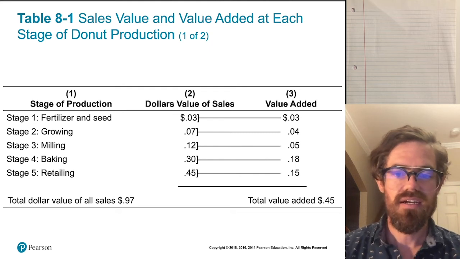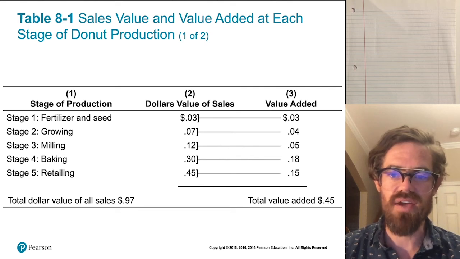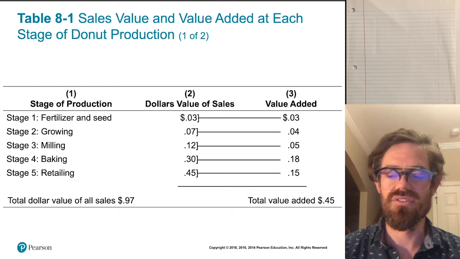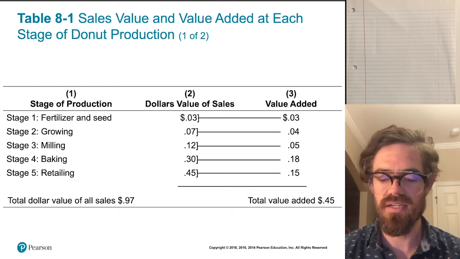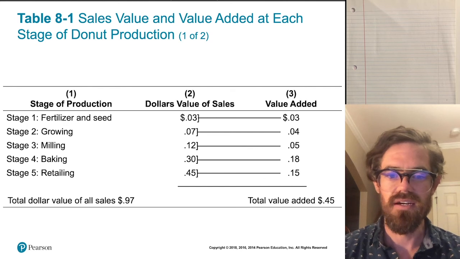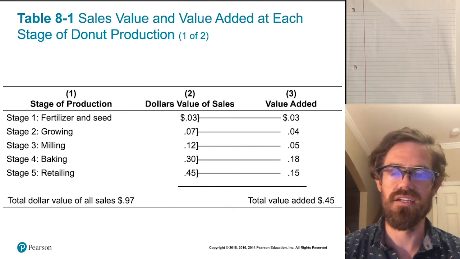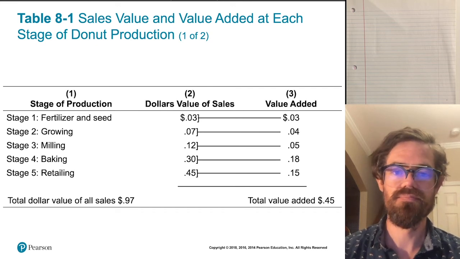Okay, so now the interesting thing is that if you add up all of the value added in column 3, it equals 45 cents, which is the final retail sale of the donut. And so that's actually one of the ways to calculate GDP, the value added approach. But you're not responsible for knowing that way of calculating GDP. We're going to focus on the expenditure and income approaches. But that's basically what the value added approach is.